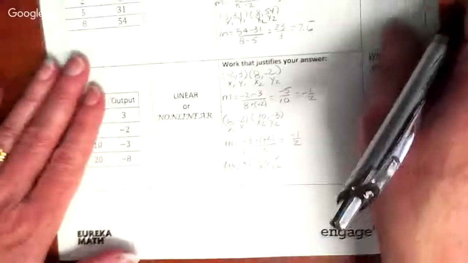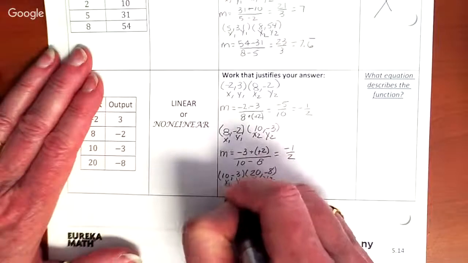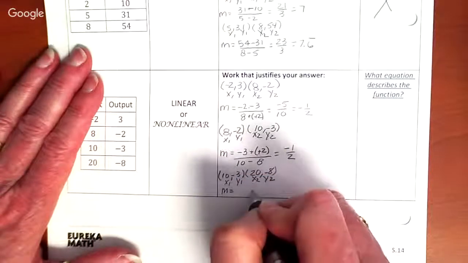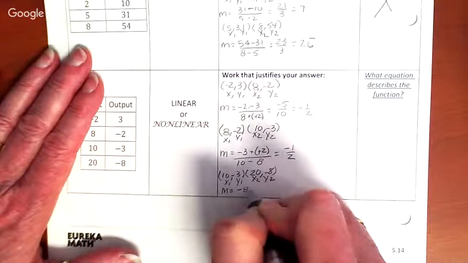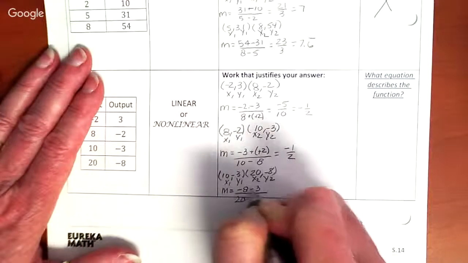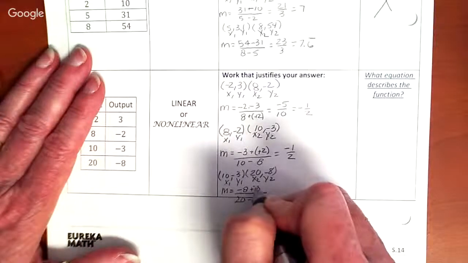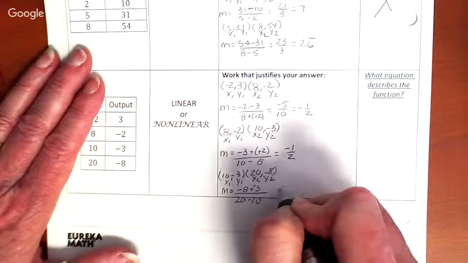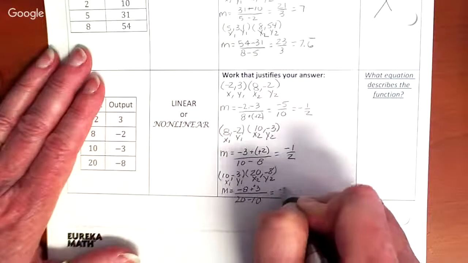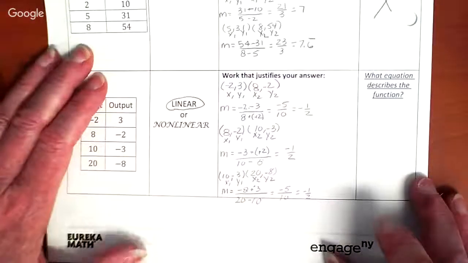Let me move this up just a little bit more. There we go. Okay, therefore this is linear because they all simplify to -1/2.